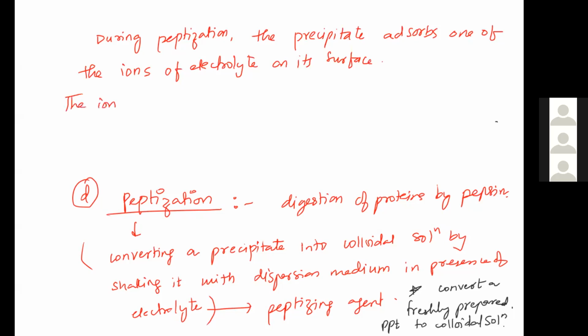The ion adsorbed on the surface is either the cation or anion of the electrolyte.